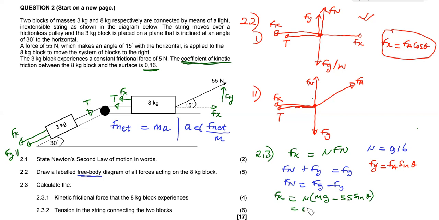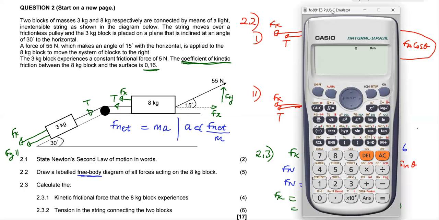So this is going to be 0.16 in bracket there. Our mg is going to be 8 times 9.8 minus 55 sine 15. Okay, what do we get then? Let's punch it and see what we get.